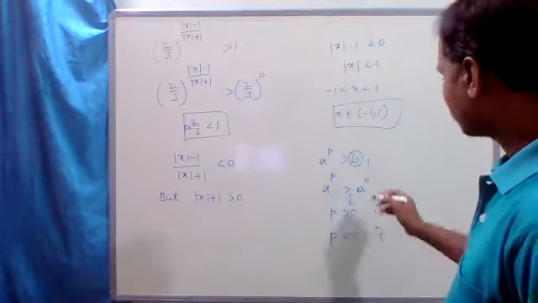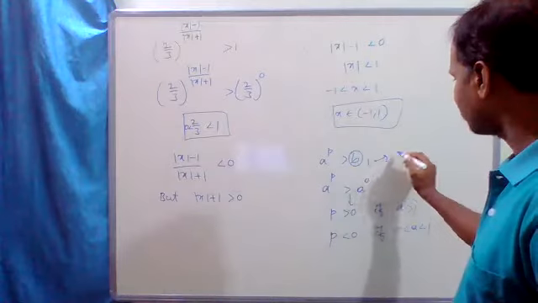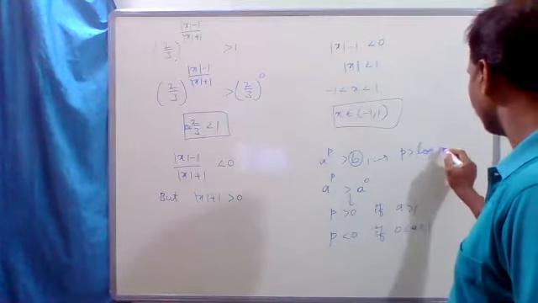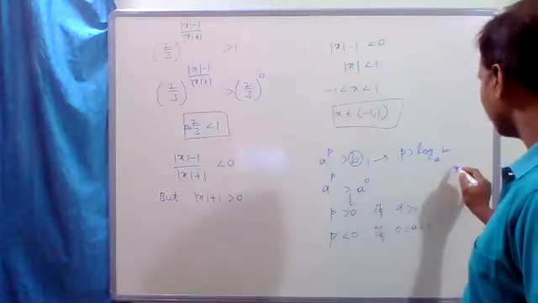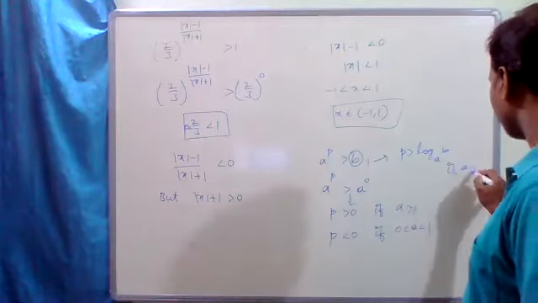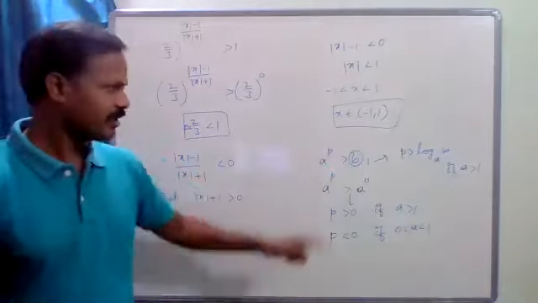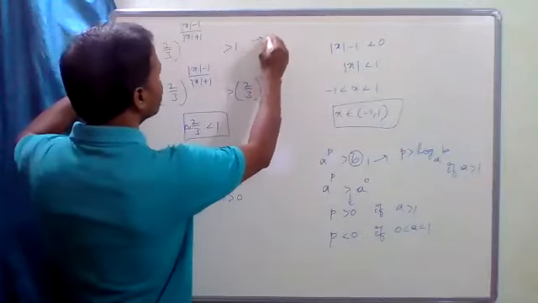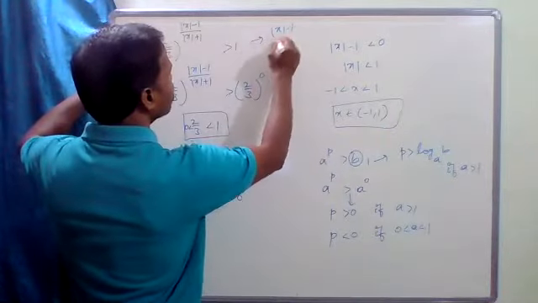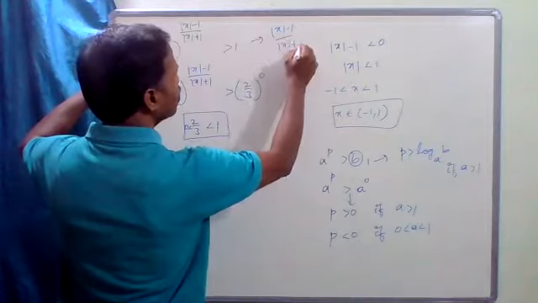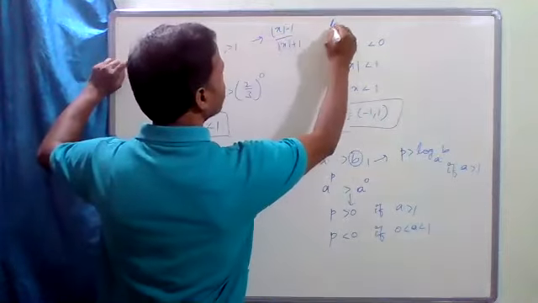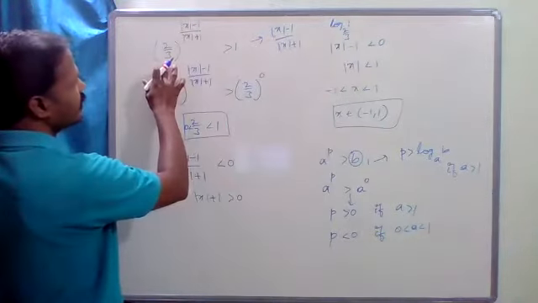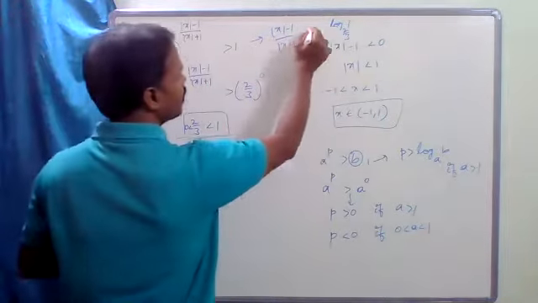Otherwise, this can be written as p greater than log b base a if a greater than 1. But the b value is 1 here. If you apply log here, (|x|-1)/(|x|+1) less than log 1 base 2/3, since a is less than 1, the opposite symbol will come.